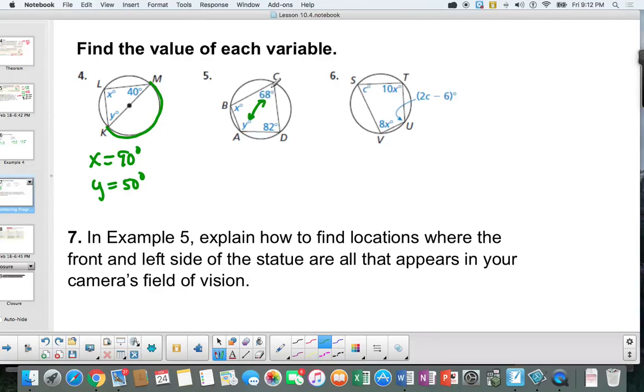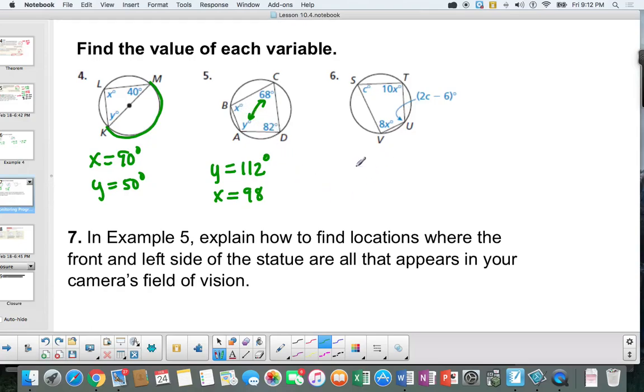These two angles are supplementary, so Y will have to be 112. 112 and 68 will add up to 180, and X will be equal to 98, because 98 and 82 will add up to 180.